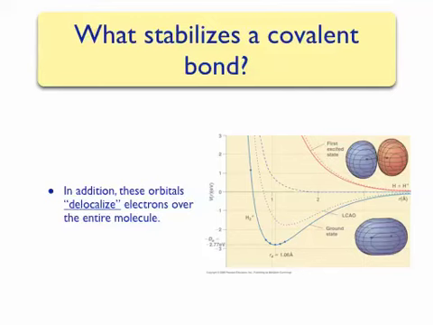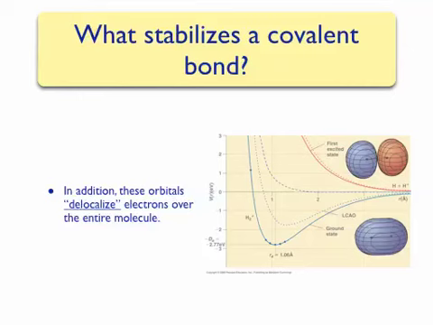The plot on the right shows the potential energy of the electrons versus the distance between the two nuclei. The solid curve shows the experimental orbital energies.